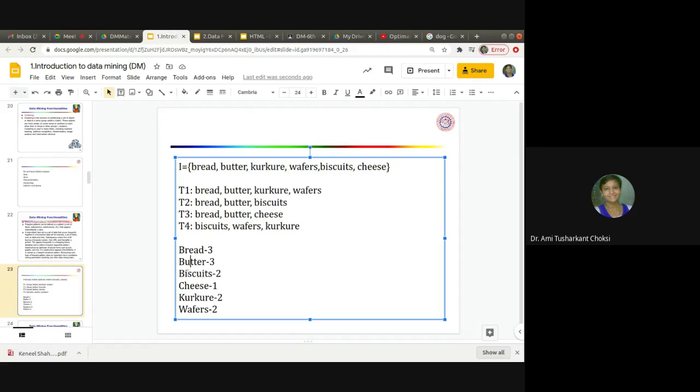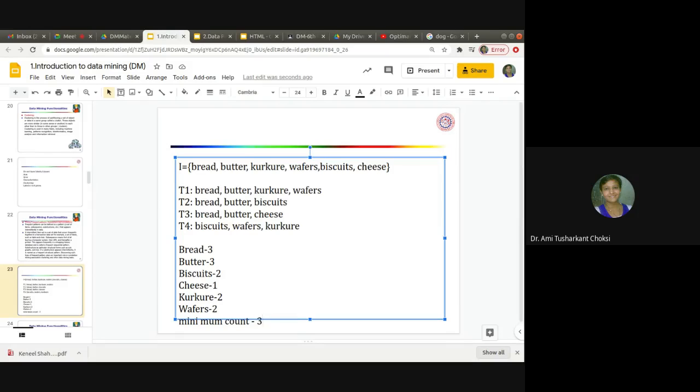So should I consider biscuit also a frequent item? Yes or no? For that, whether it is frequent or not, we have the minimum count. Minimum count should be, say, 3. Then only it is considered a frequent item.